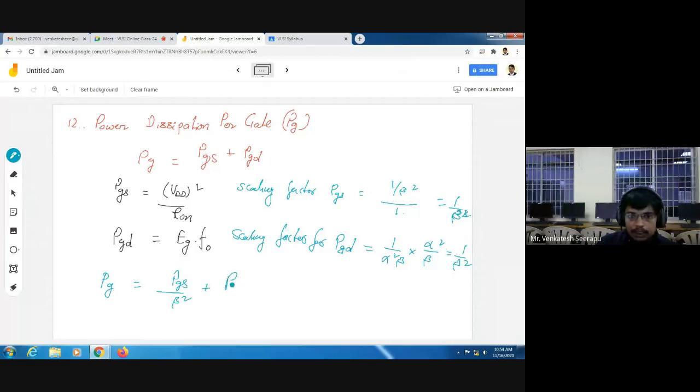Similarly, PGD also has a scaling factor 1 by beta square. So the scaling factor for PG becomes 1 by beta square.